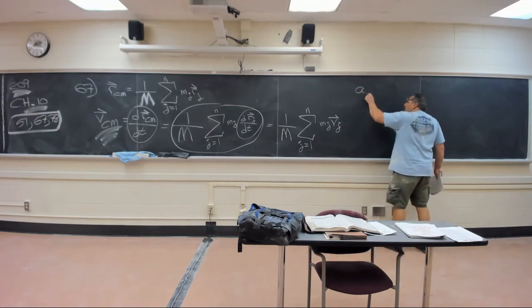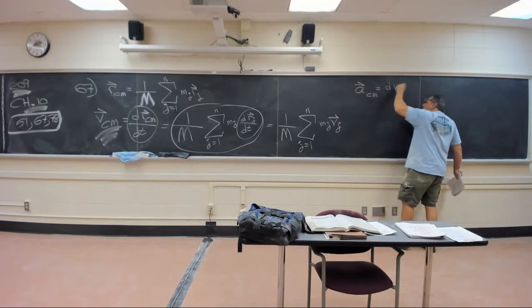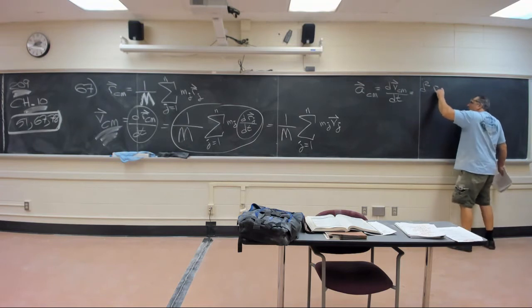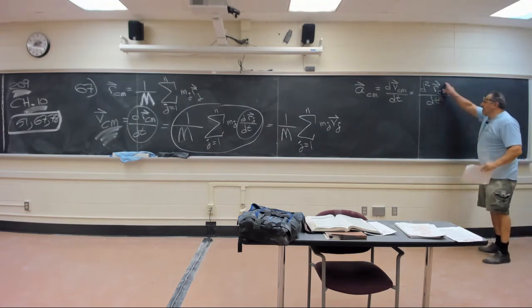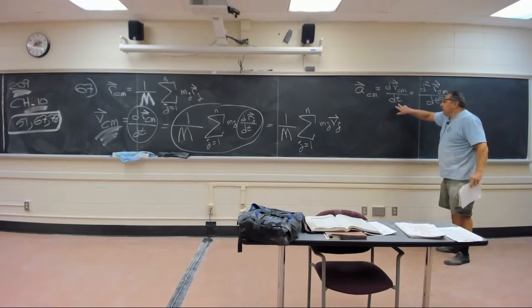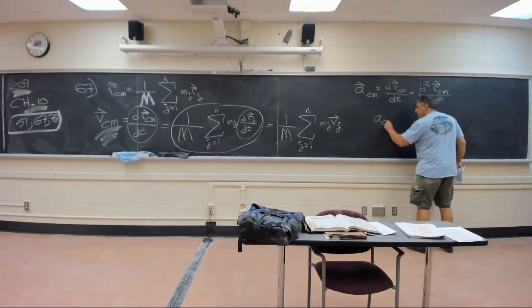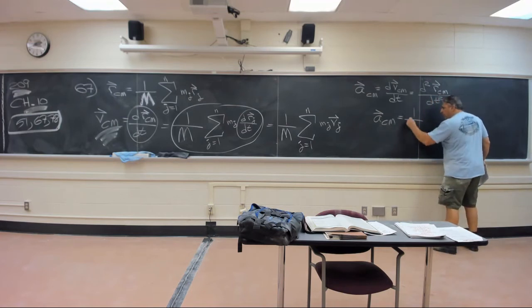The acceleration of the center of mass would be dv center of mass dt, which is d squared r center of mass dt squared, the second derivative of the position vector, or the first derivative of the velocity vector, and that ends up getting you this. So there's a lot of games we can play here, guys. This is 1 over M.